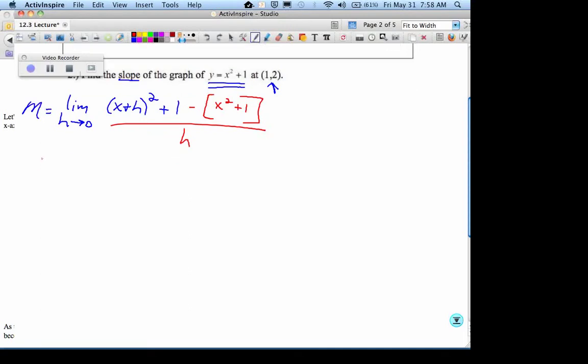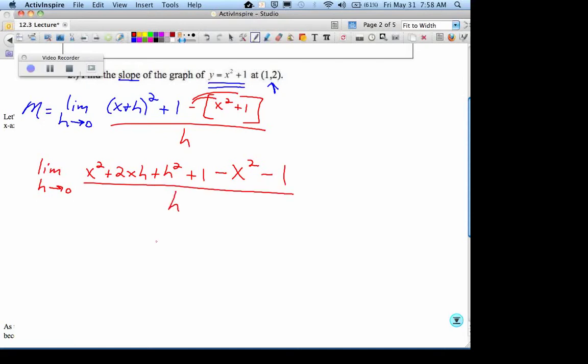So now we're doing the limit as h goes to 0. We need to FOIL that out. It's x plus h times x plus h, which is x squared plus 2xh plus h squared plus 1 minus, let's go ahead and distribute, minus x squared minus 1, all over h.